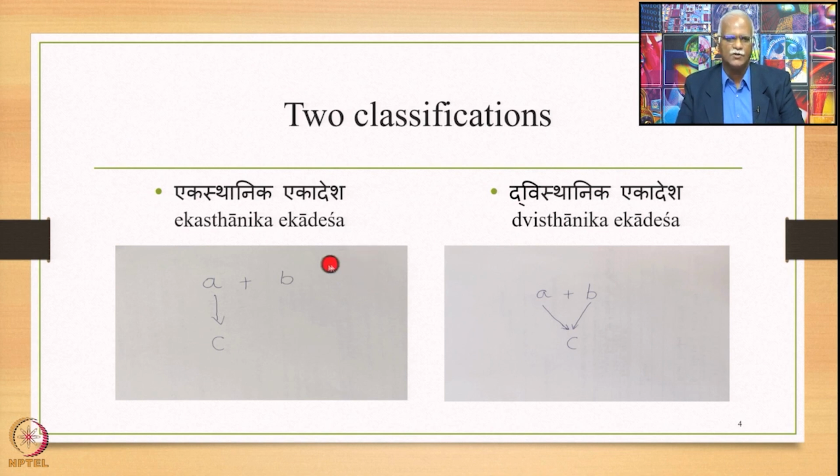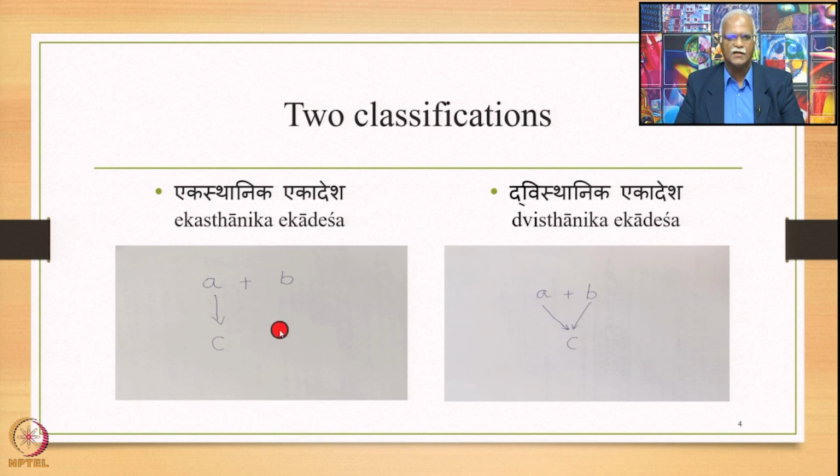Ekasthanika ekadesha: you have A plus B as the input in samhita mode, A coming immediately before B, and in this environment A gets substituted by C. So A plus B is the input, and C plus B is the output.